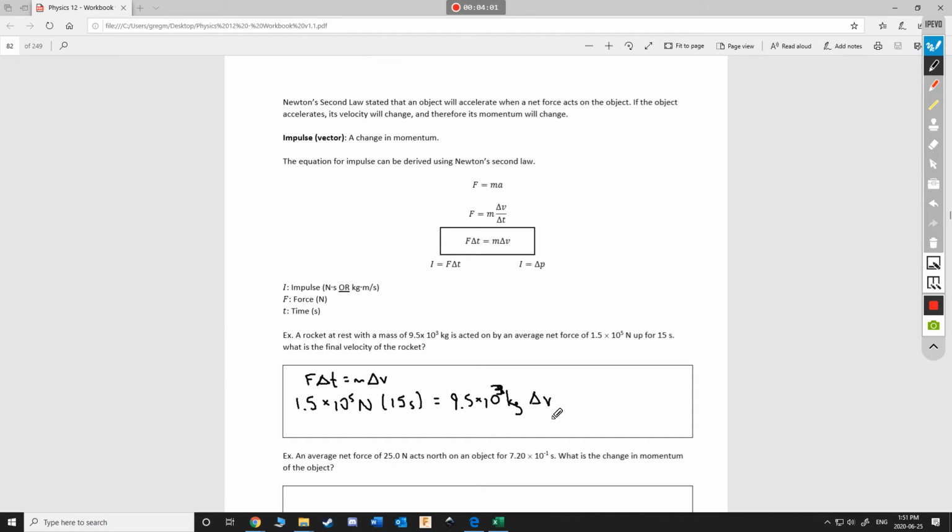It's initially at rest, so if we find delta v, it actually gives us our final velocity. So 1.5 times 10 to the 5 multiplied by 15, divided by 9.5 times 10 to the 3, so 9,500. And we get a final velocity of 237. If you want to round it to 2 sig figs, though, we'll get 240 meters per second.